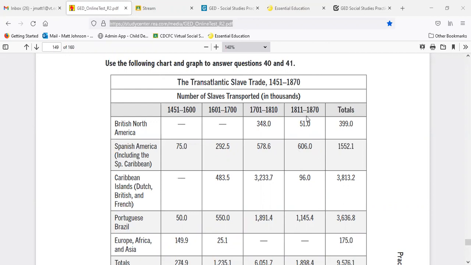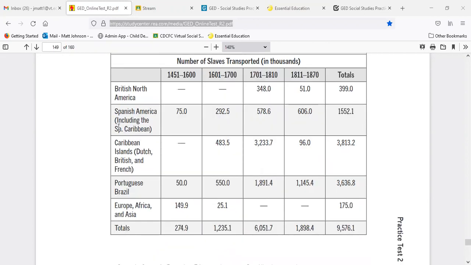But what we're seeing, what's going to be more important, right? So British North America, right? So the number of slaves transported to British North America, 1701, 1811. In Spanish America, right? So that's also going to be the Caribbean.